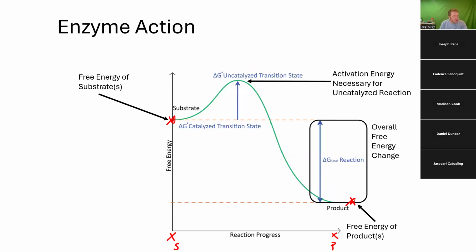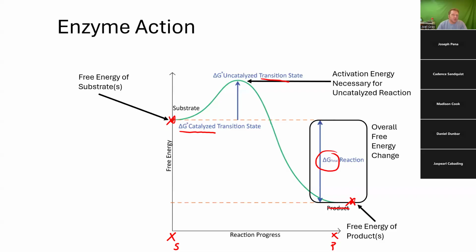This is also known as your activation energy to catalyze this reaction. What I need you to take away from this is the delta G of your initial state, your transition state, and your final state, and then the delta G, the total free energy of the reaction.